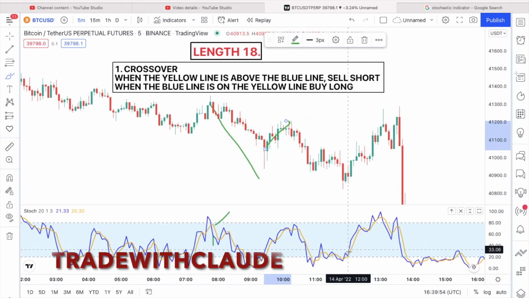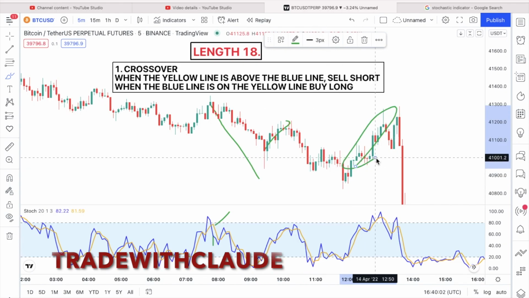Looking at this level, you see that the blue line came above at this point here, and the price actually went high to this. I always tell you, no strategy guarantees 100%, but every strategy, if mastered well, can make you really profitable. Yes, you're going to incur losses, but you need to know exactly what you're doing.